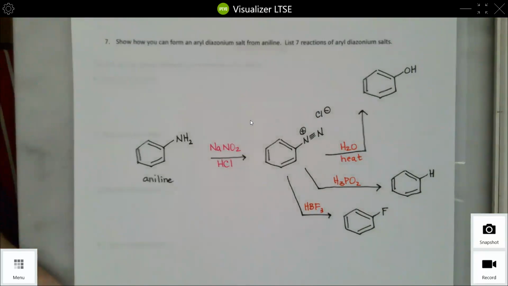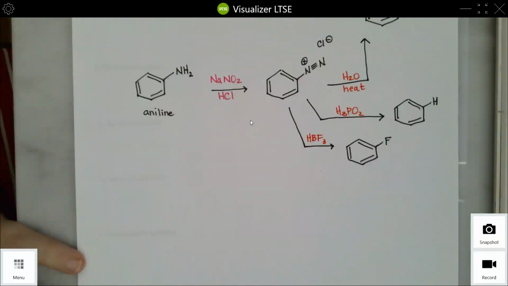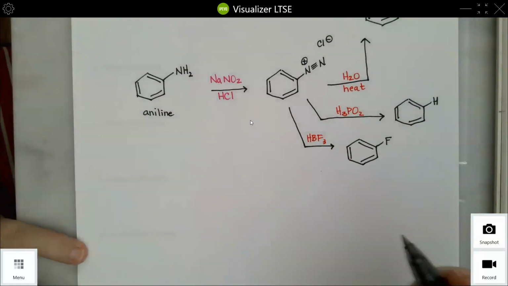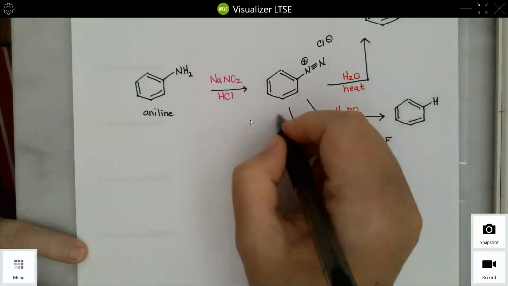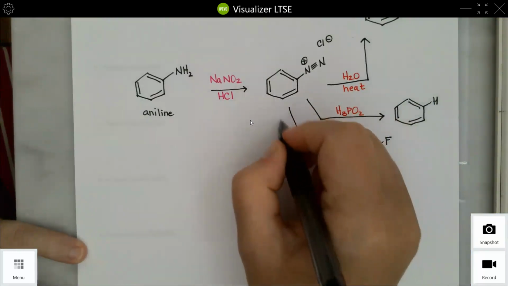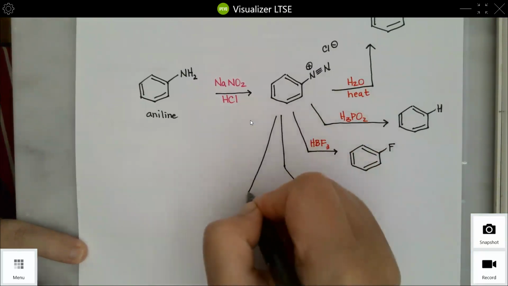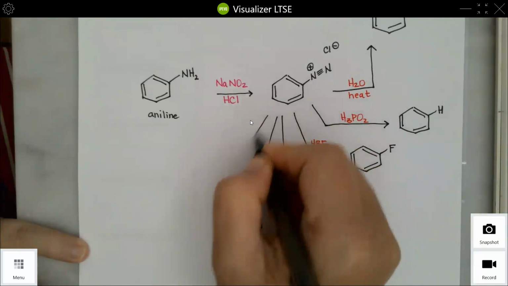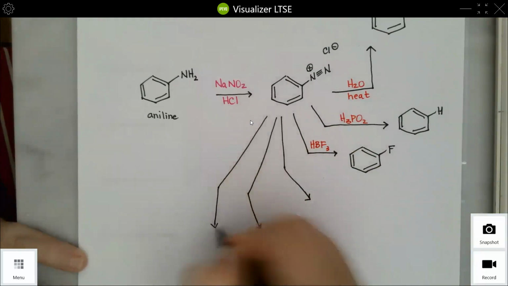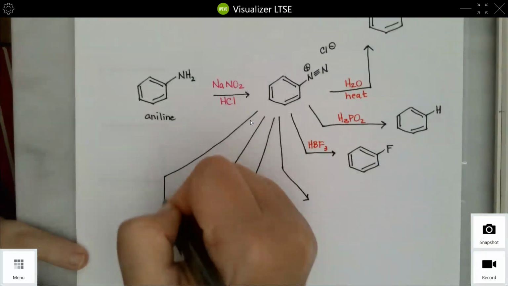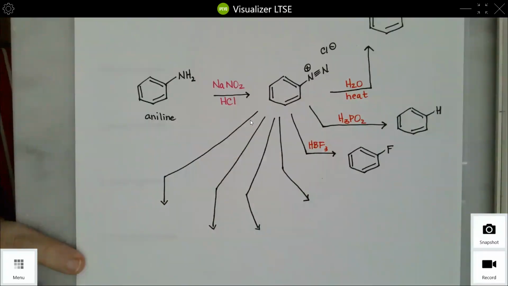Okay, and then we can also do the Sandmeyer reactions, of which I believe there are 4, right? So there's 1, 2, make sure I can fit everything from the same starting place, right?